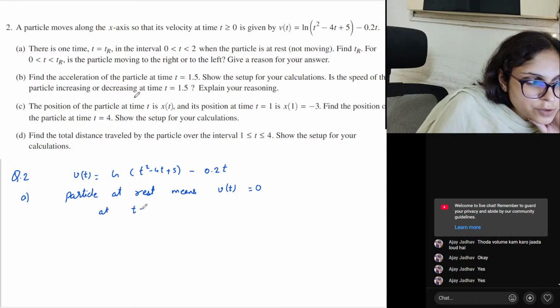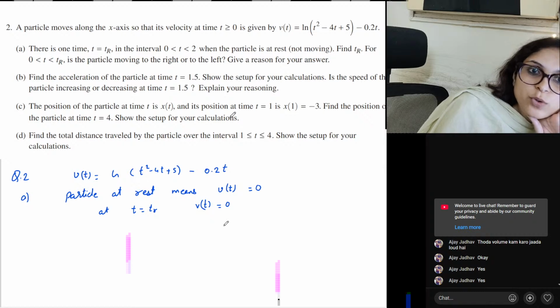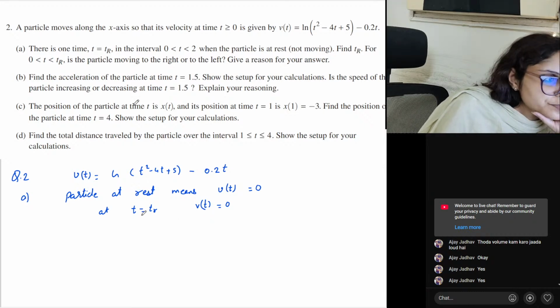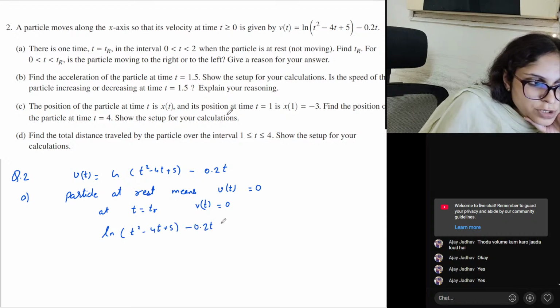So at t is equal to tr, v of t is equal to 0. What we will do is make the velocity 0, find the value of t, and that is going to be your tr. So we just have to solve ln of t squared minus 4t plus 5, minus 0.2 t, is equal to 0.